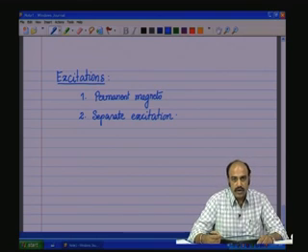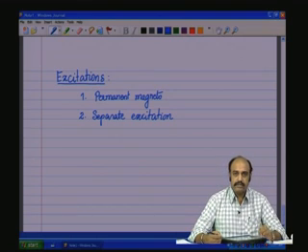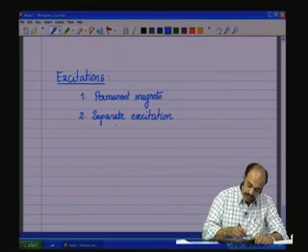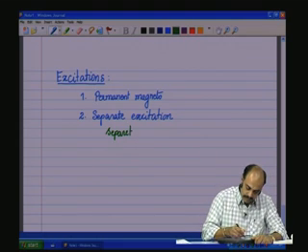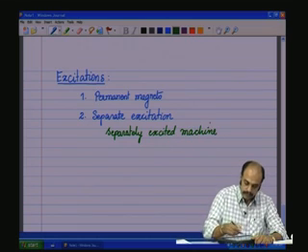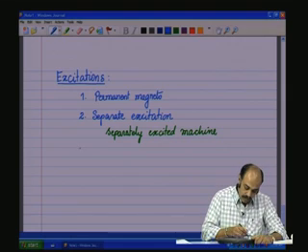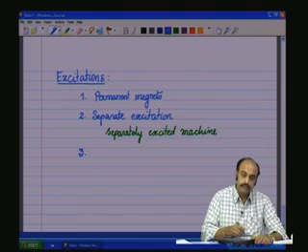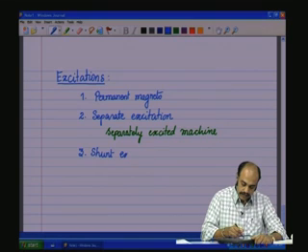Such a machine is called a separately excited machine. Or we could have shunt excitation.